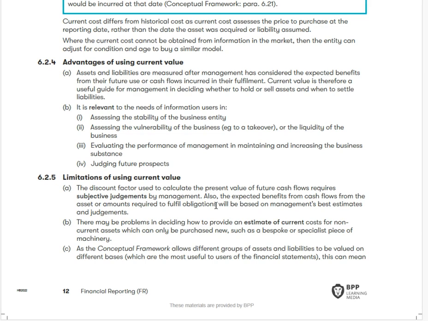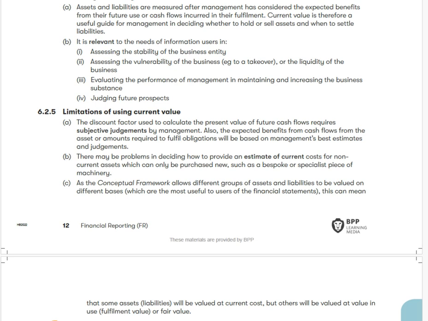Also, the expected benefits from cash flows from the assets or amounts required to fulfill obligations will be based on management's best estimates and judgment. So all these future predictions are the best estimates and judgment of the management and are subject to uncertainty.